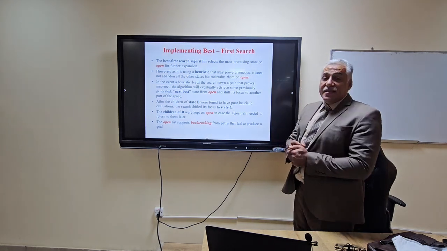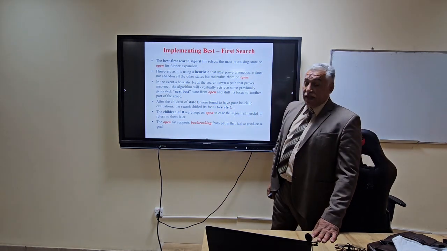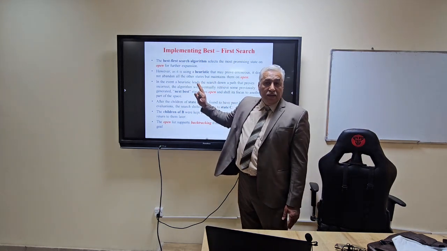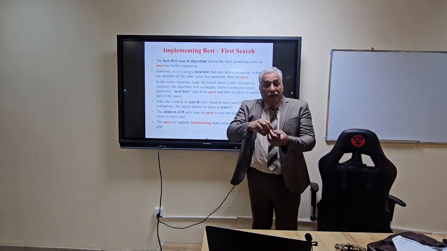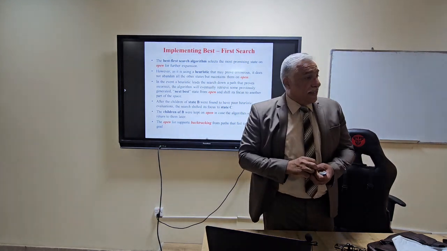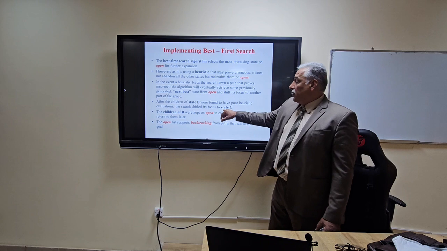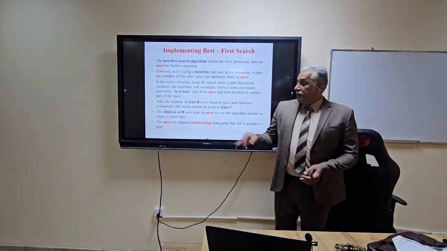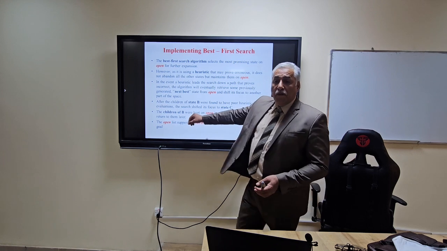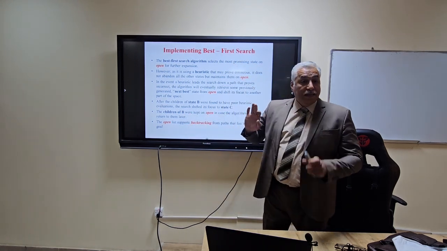After the children of state B were found to have poor heuristic evaluation, that means failed, where we selected node B and failed in selection, then the search shifted its focus to state C. That means we select another node, which is C. The children of P were kept on open.